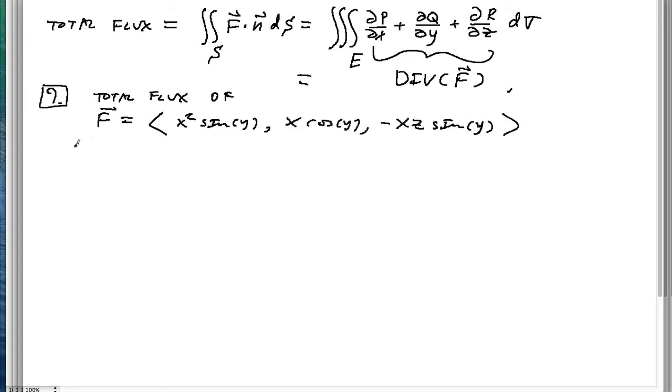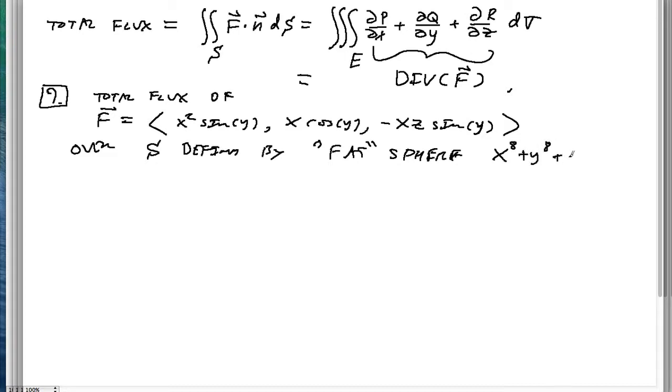We want to find the flux over the surface S defined by what is called, quote-unquote, the fat sphere, which is defined as x to the 8th power plus y to the 8th power plus z to the 8th power equals 8.